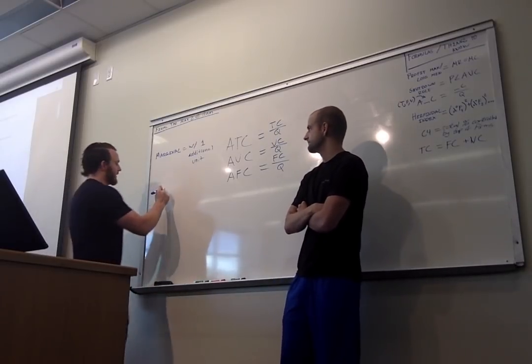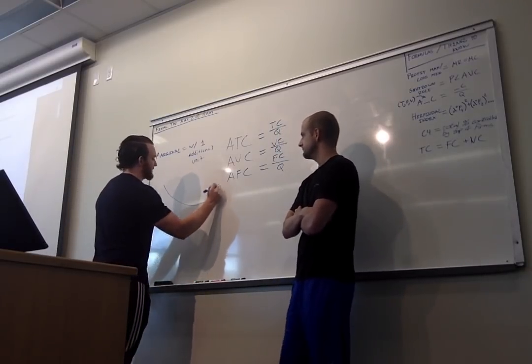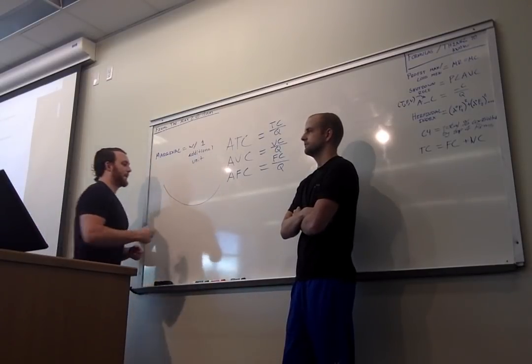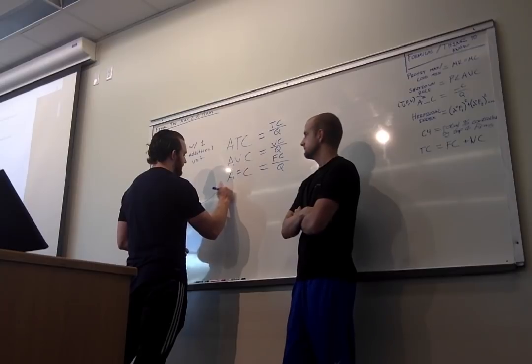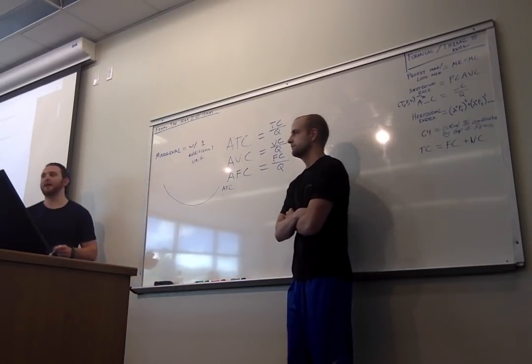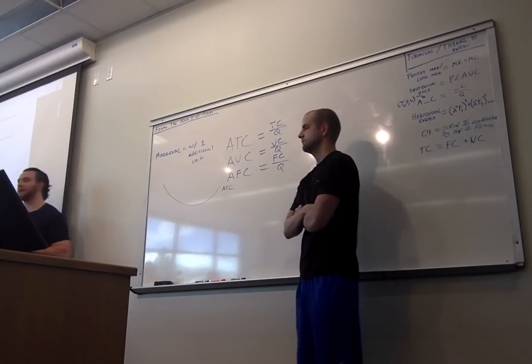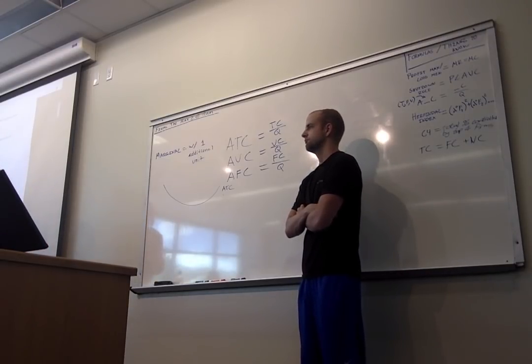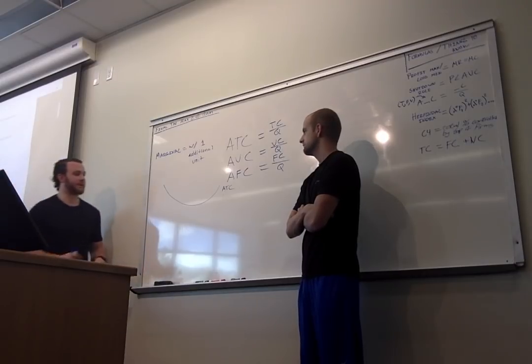So, what does economies of scale and diseconomies of scale have to do with what curve? So then, how do we determine where economies of scale are and diseconomies of scale are? Right at the lowest point. Right, so you take the lowest point on the curve.